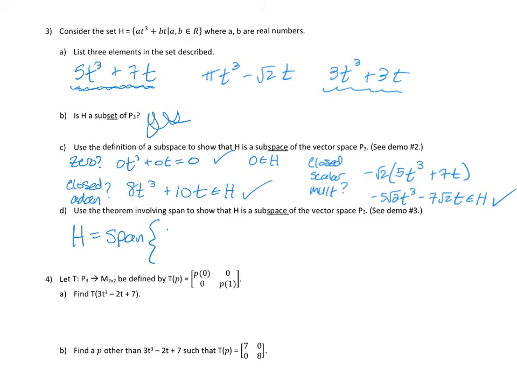So I could say t cubed and t, right? Because the span is the set of all linear combinations. So if I put a coefficient on t cubed and another coefficient on t and add them together, that's a linear combination. So all the linear combinations of t cubed and t would give me at cubed plus bt. So therefore, H is a subspace of P3.